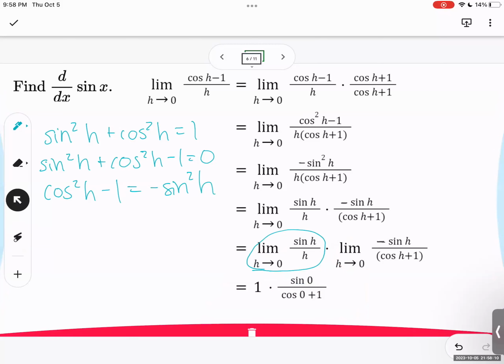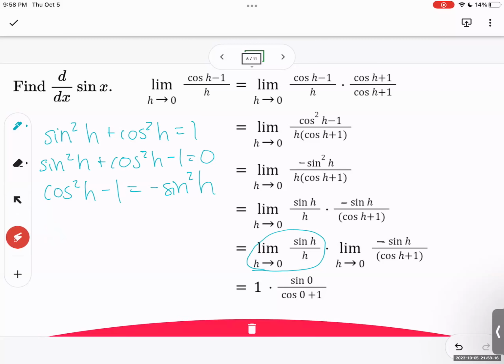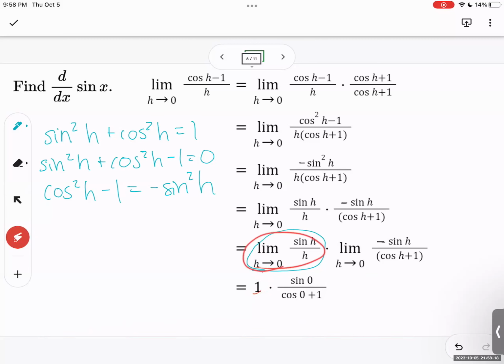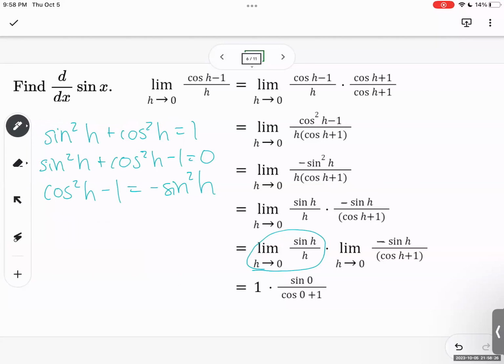So let's see what we get. So we saw that the limit as h approaches 0 of sine h over h is 1. The limit as h approaches 0 of minus sine h over cosine h plus 1 is negative sine 0 over cosine 0 plus 1. And this is why I didn't catch my negative sign, because sine of 0 is 0.